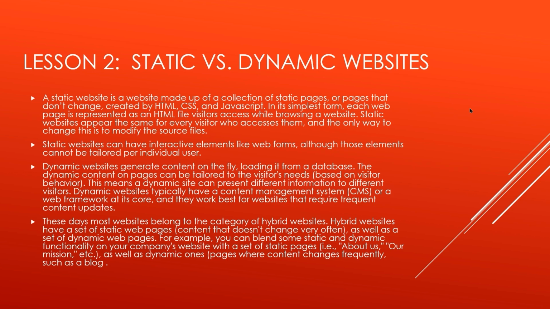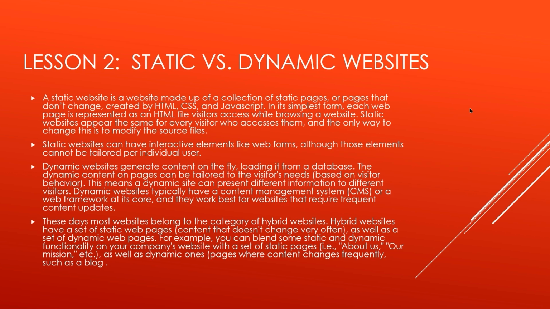They typically have a content management system, CMS, or a web framework at its core, and they work best for websites that require frequent content updates. So these days, most websites belong to another category known as hybrid websites. Hybrid websites have a set of static web pages, the content that doesn't change very often, as well as a set of dynamic web pages.